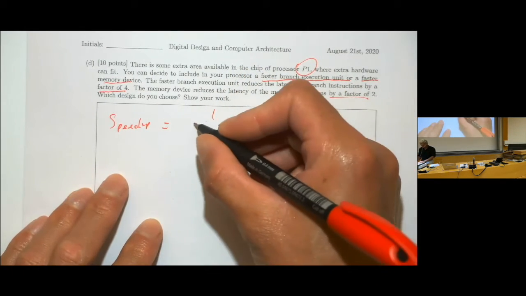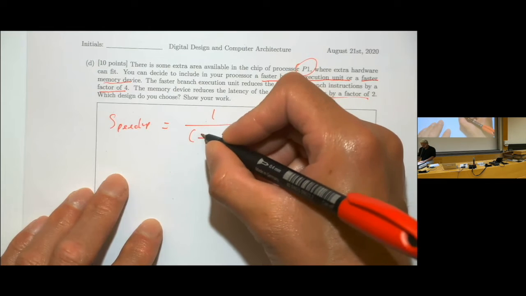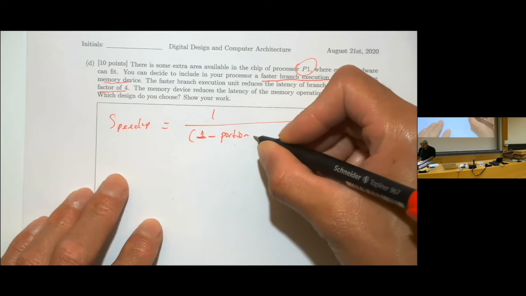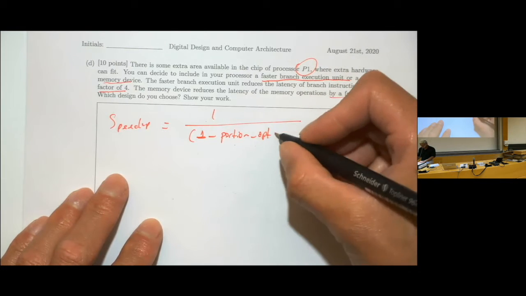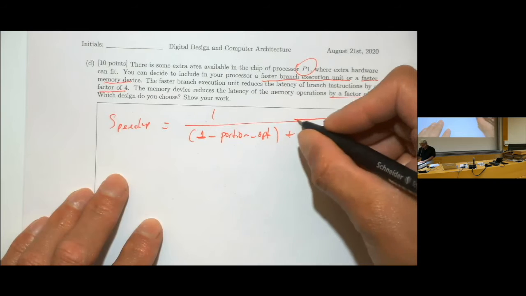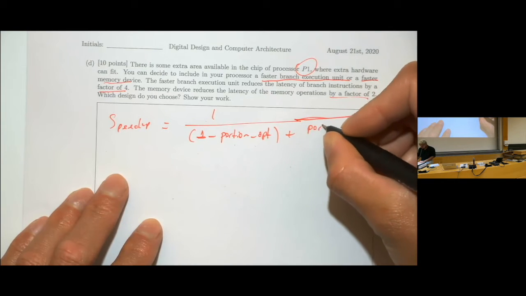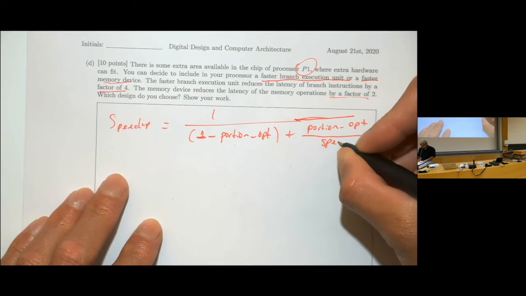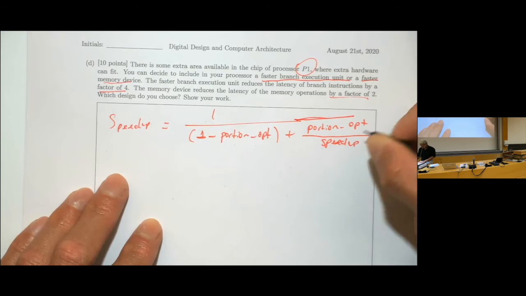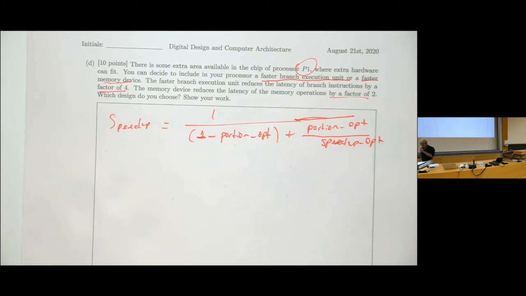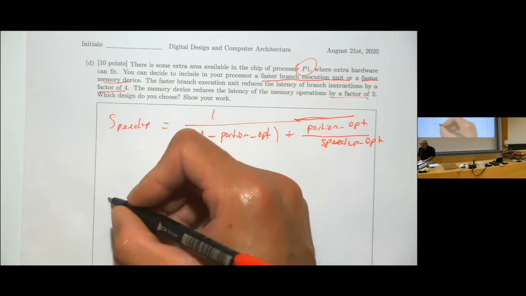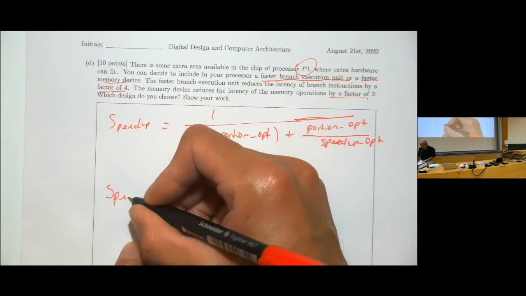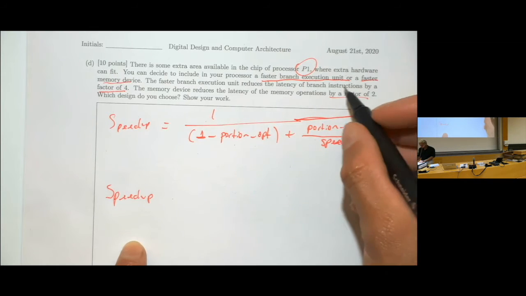So we have this formula here: 1 over (1 minus the portion that you optimize, plus the portion that you optimize divided by the speedup for the optimization that you provide). So let's apply this equation for both branches and memory units. So let's see the speedup of having a faster branch unit.